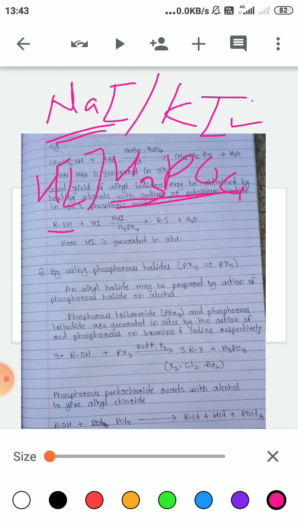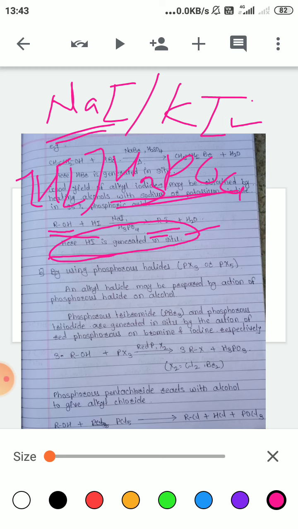HI is produced in situ, and therefore ROH plus HI gives RI plus H2O. HI is generated in situ by the reaction of sodium iodide with phosphoric acid, or of potassium iodide with phosphoric acid.